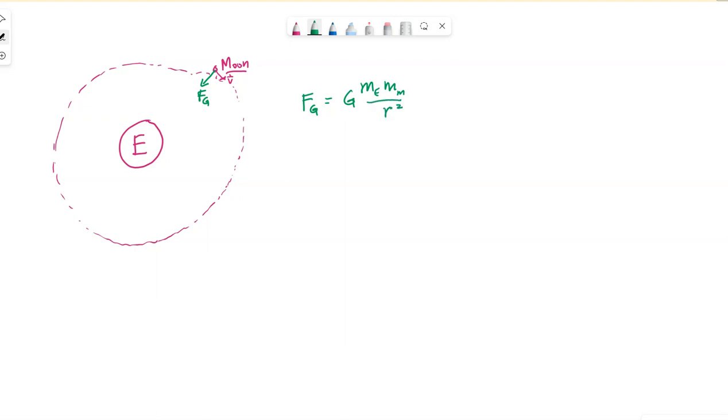And then the table in the test notes gives us the average distance between them. So we've been calling that R. I'll grab that off the test notes here in just a sec.